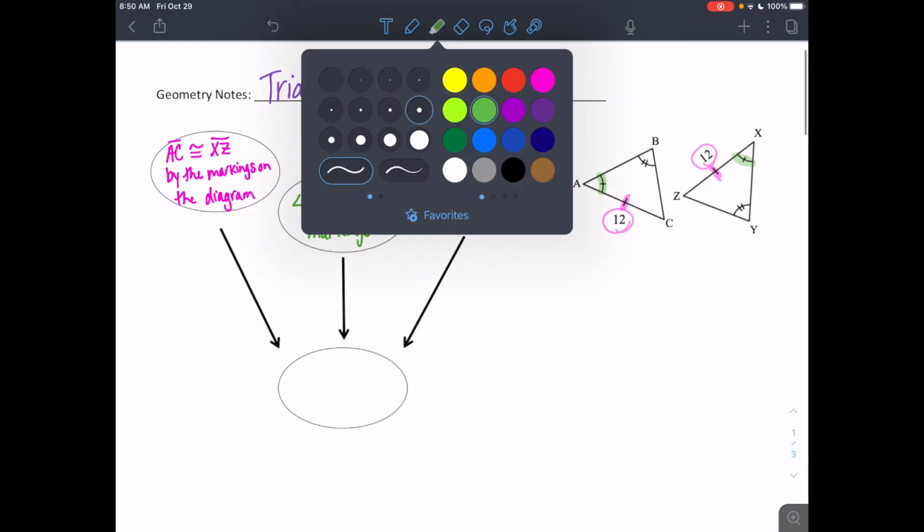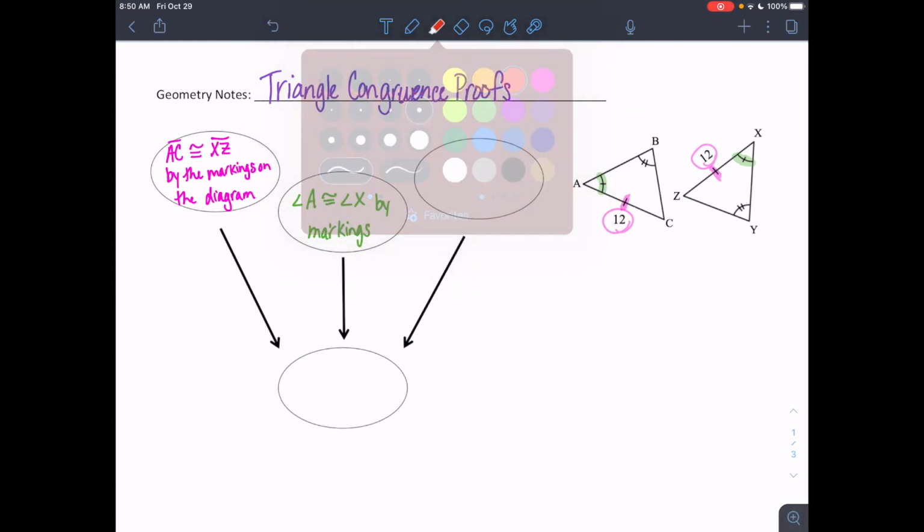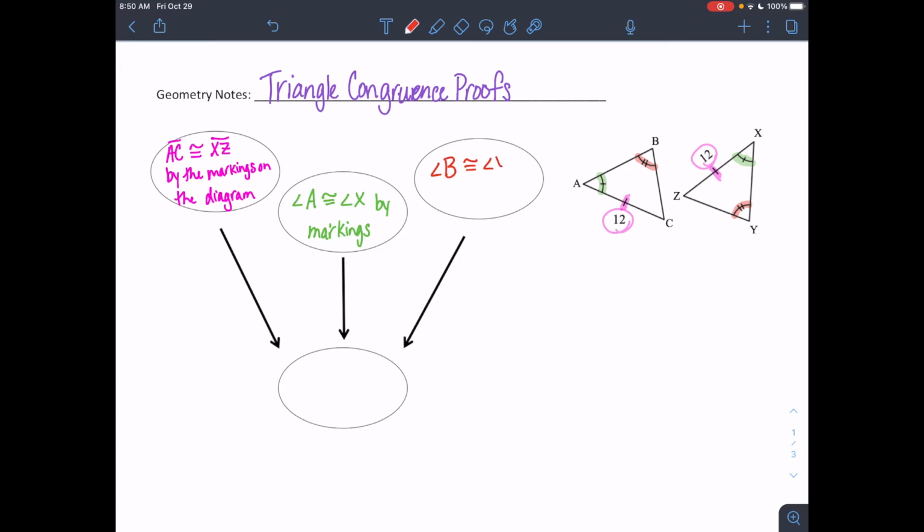And finally, I see one more set of arc markings, this time with 2 dashes inside of it. So I can also say that angle B is congruent to angle Y by the markings.